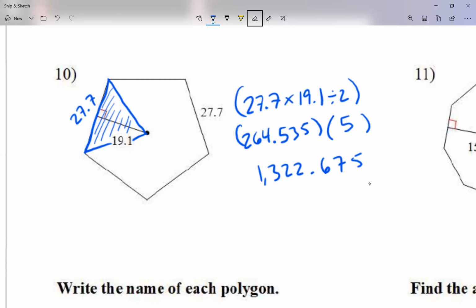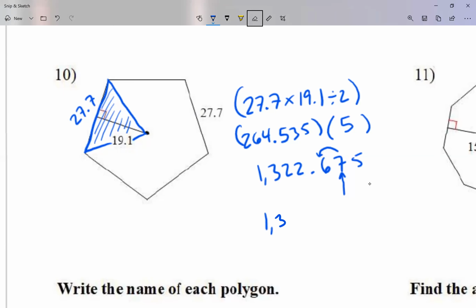I'm supposed to have 1 decimal place, so I take a look at my second decimal place. If it is big enough, it pushes the previous number up. Big enough is 5 or more. So 7 is big enough, and it is going to push the previous number up. So my answer will be 1,322.7. The 6 went up 1 because my second decimal place was big enough.